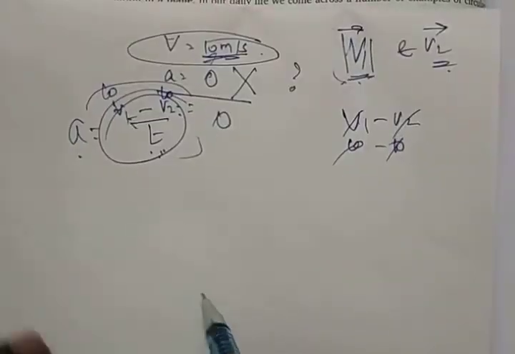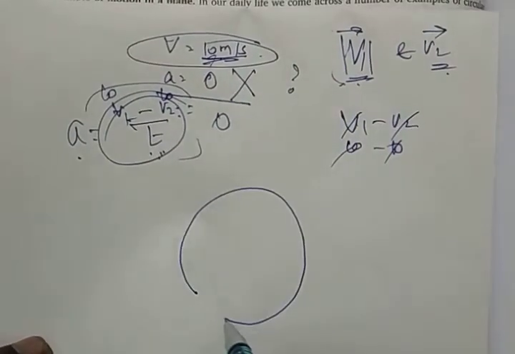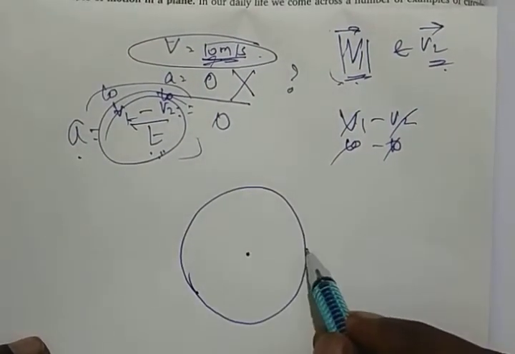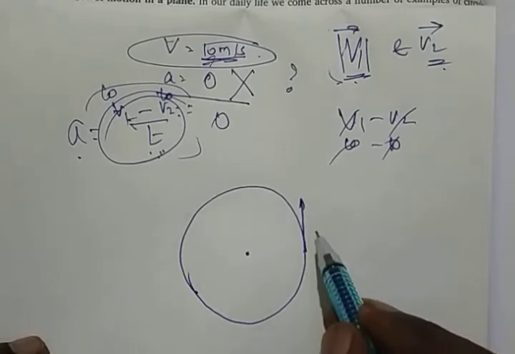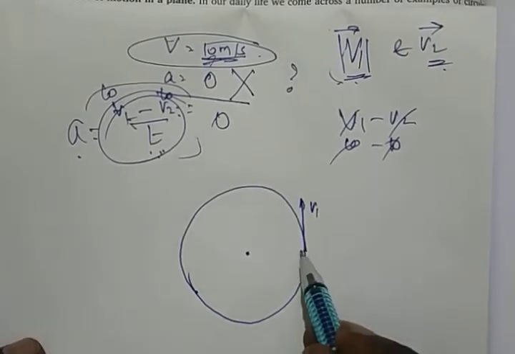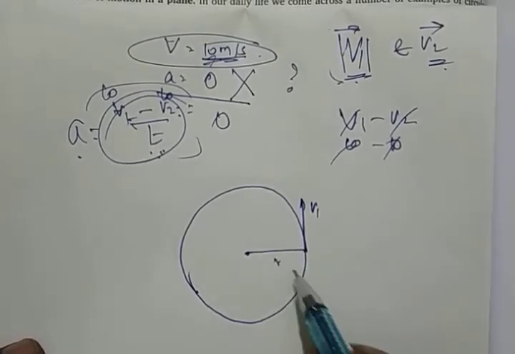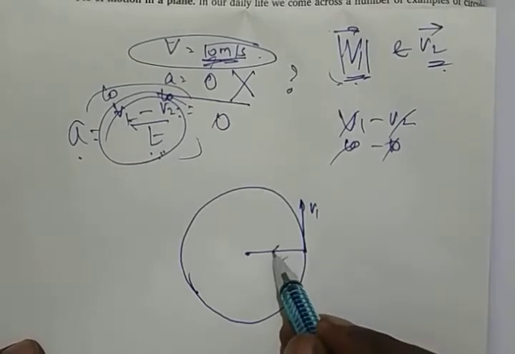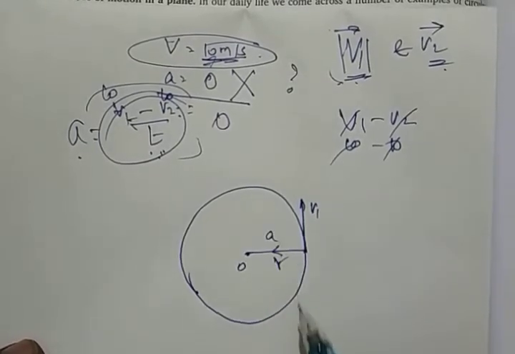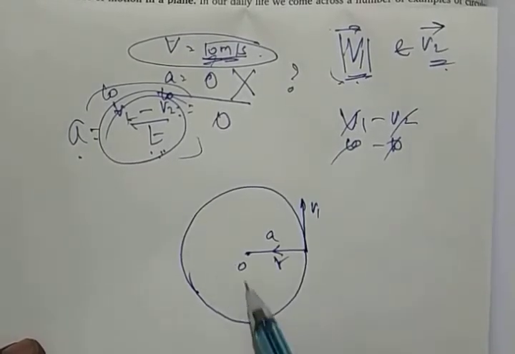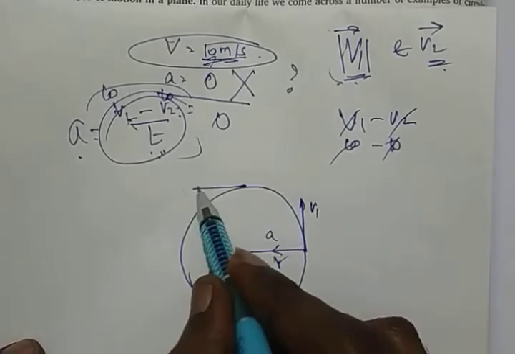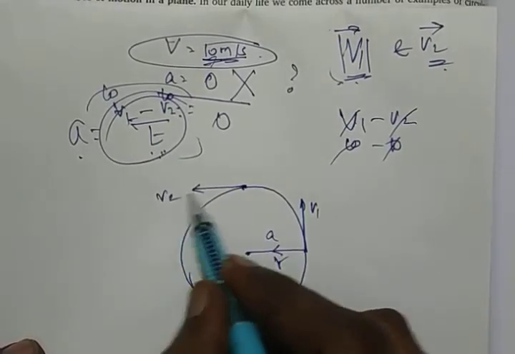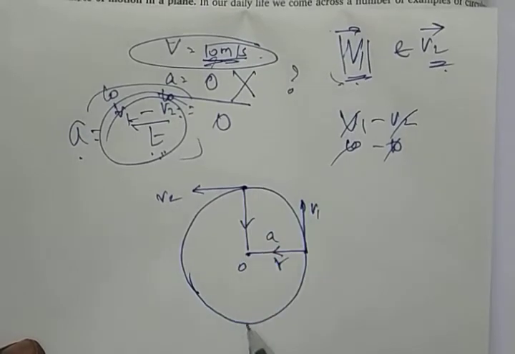Now, when the body moves in a circular motion, the velocity is in this direction, v1, and this is the radius. Which direction is the acceleration? It is directed towards the center. Here also, it is going in this direction, v2, but acceleration is directed towards the center.